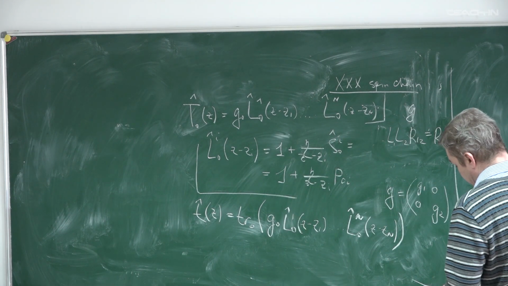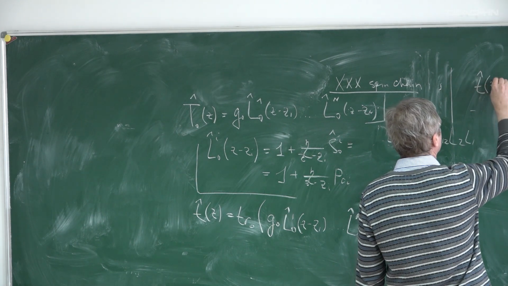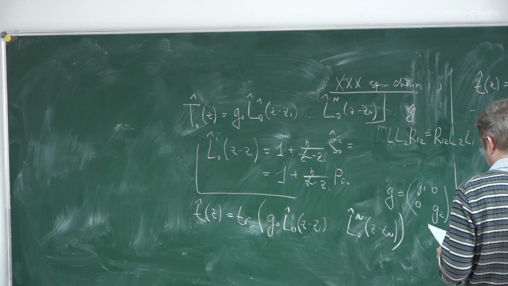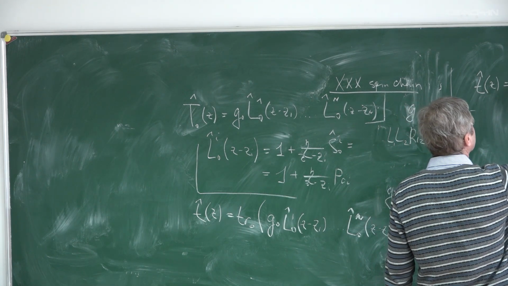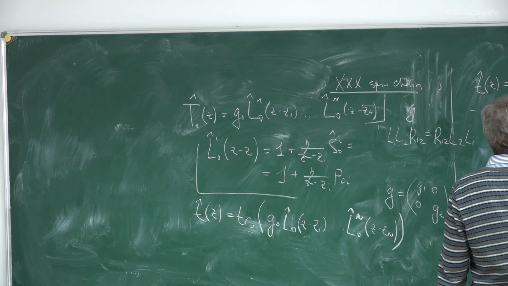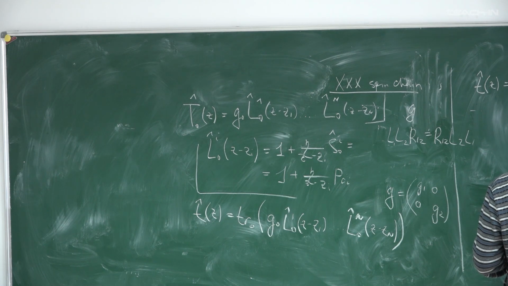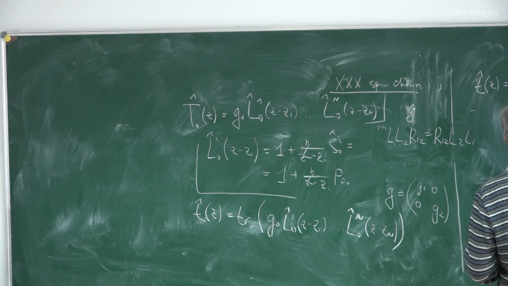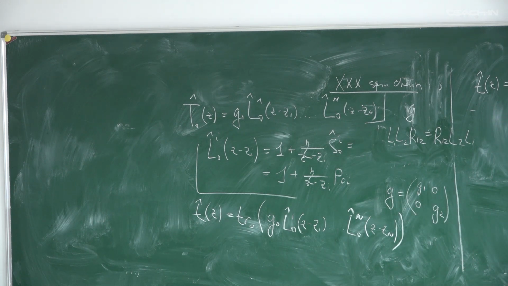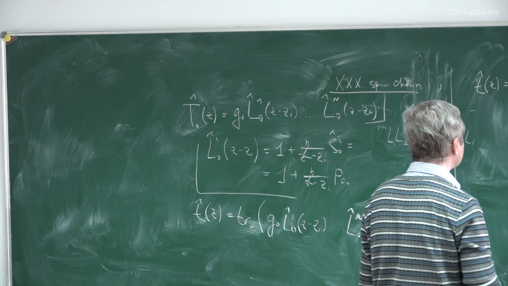This means that we may, in the general form, write this T of z like this, and then, so let me just write. And the expression standing here, or the operators standing here, are the quantum Hamiltonians which we are going to study.